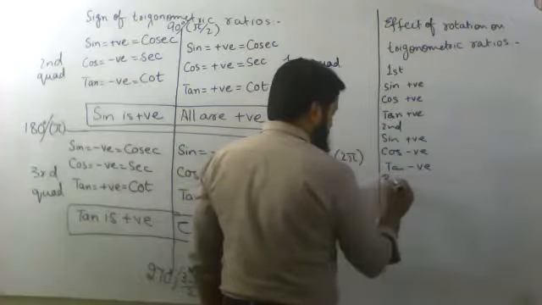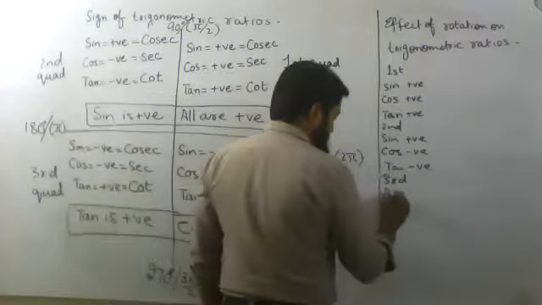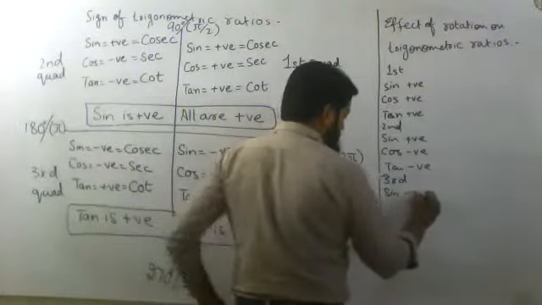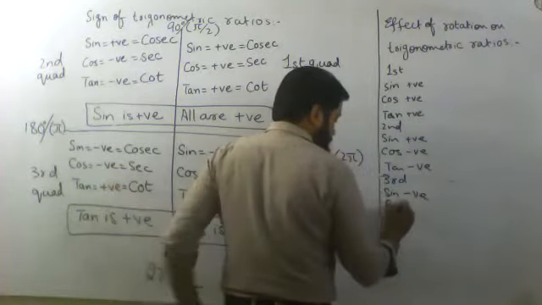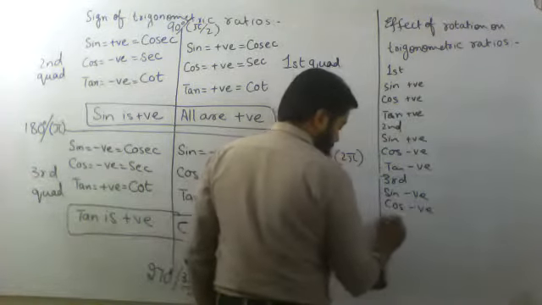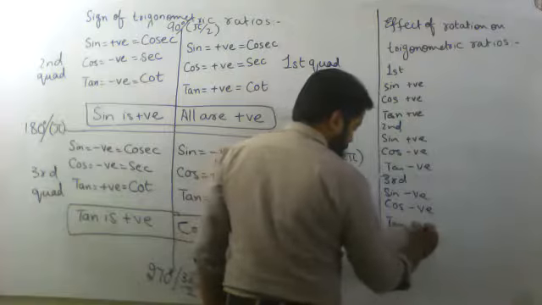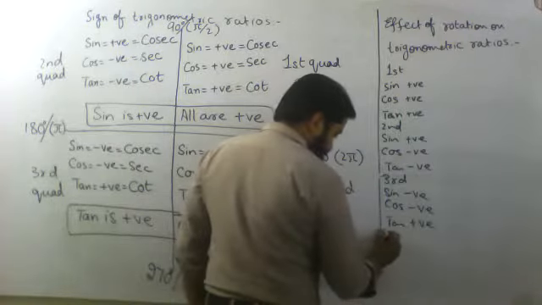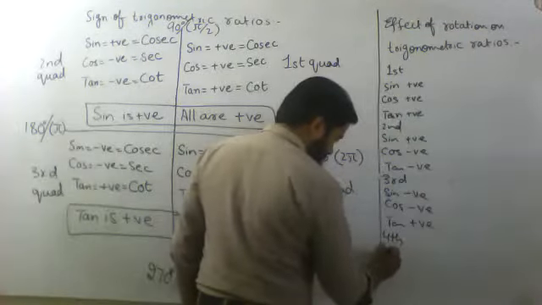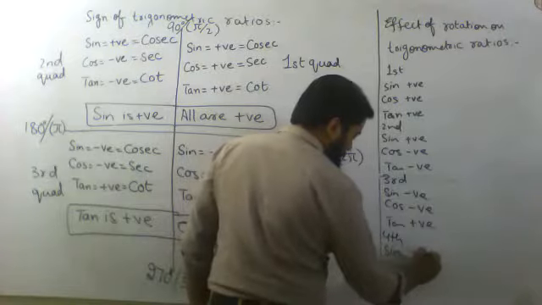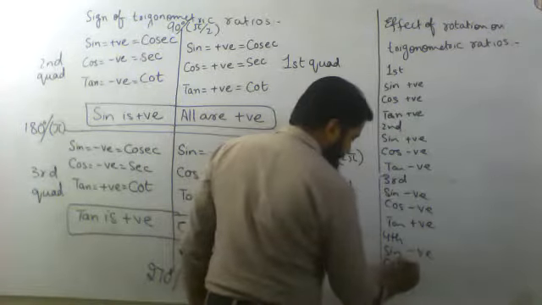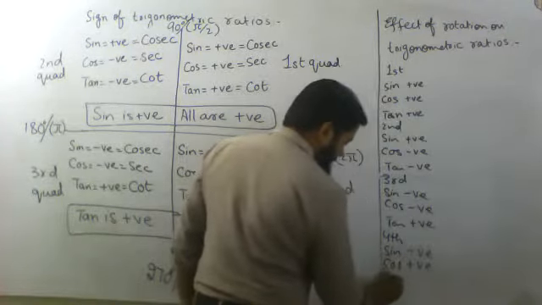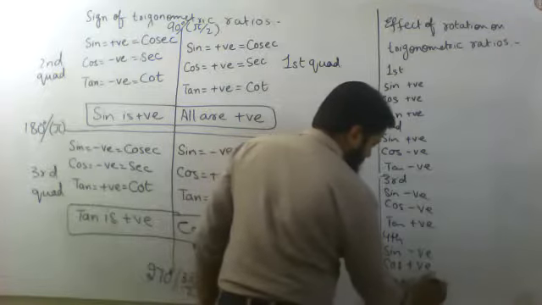In third quadrant, sine negative, cos negative, tan positive. And in fourth quadrant, sine negative, cos positive, and then tan negative.